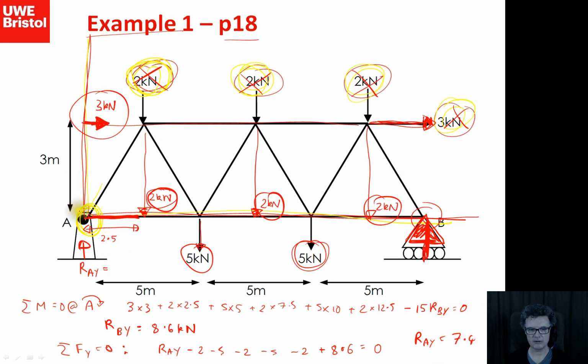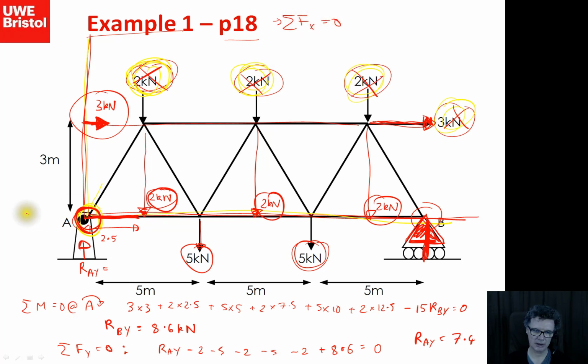Right, and the only other thing is to work out what the reaction is at the hinge in the horizontal direction. And there's only one force which was originally there, but I moved it back here. And so you could sum up the forces in the horizontal direction.